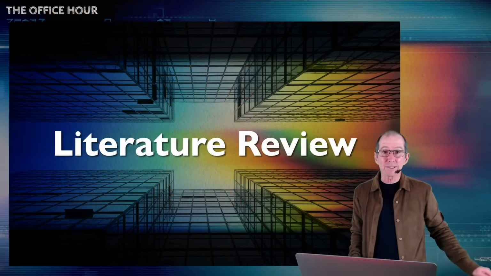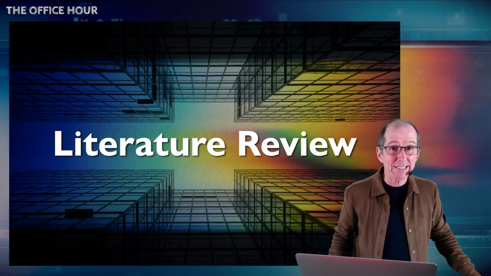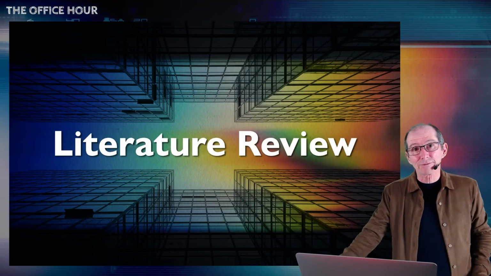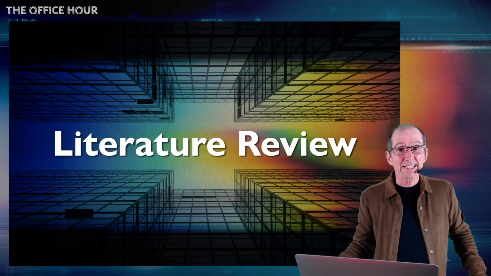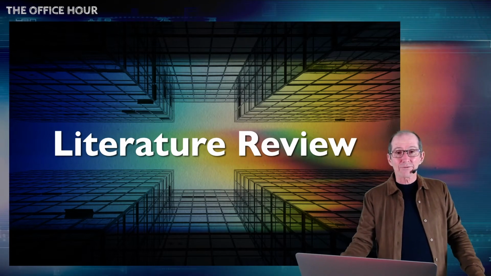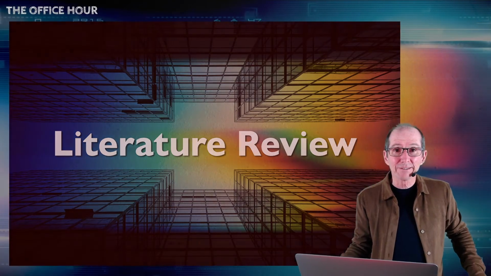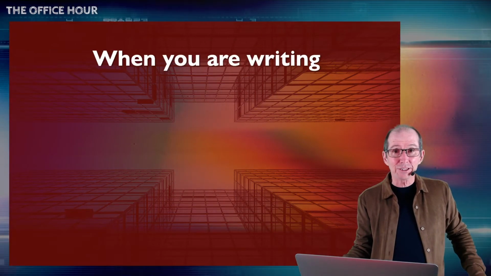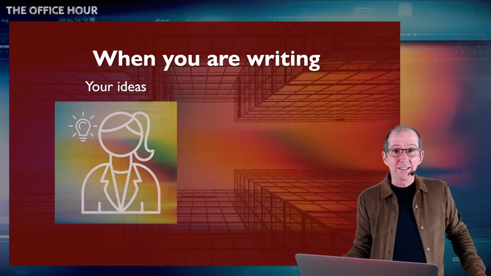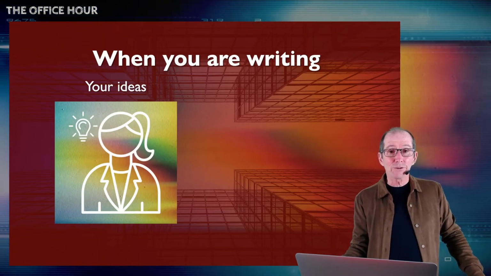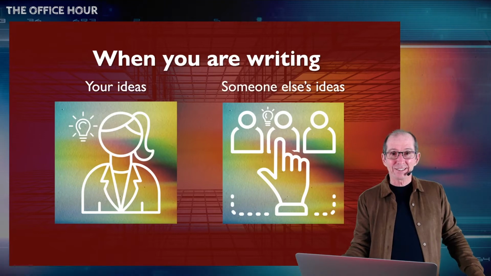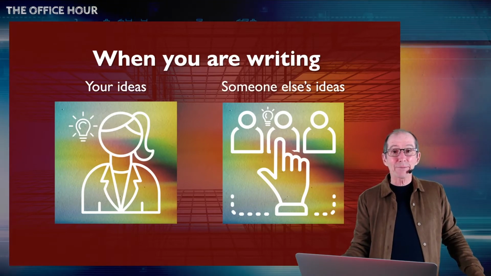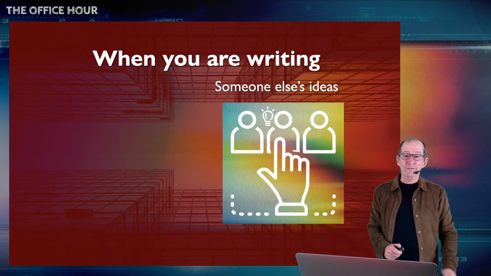When you're doing your assessments, when you're starting off, you're normally doing something like a literature review. You're gathering all the information together that you need to put the assessment together with. That literature review often comes from a source of different material. You might be drawing on your own ideas when you're writing, or you might be looking for other people's ideas. And that's the literature that you need to reference. Someone else's ideas might come in different formats.